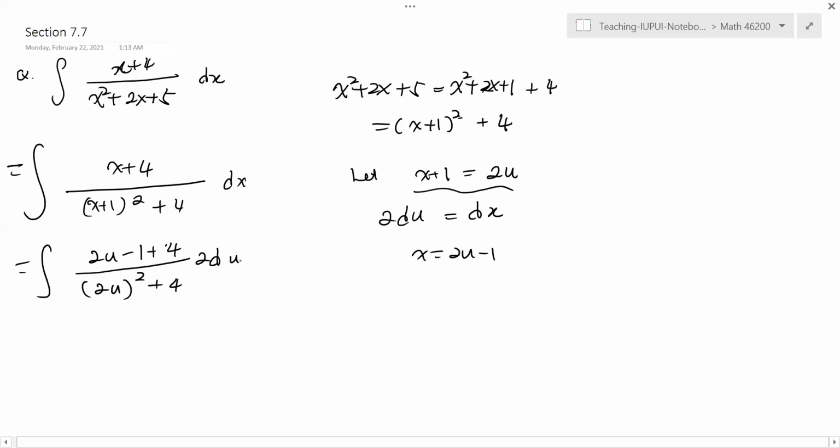And that's it. So you will get 2u plus 3 over 4u squared plus 4, and here I have a 2du, right? So let's continue to simplify.